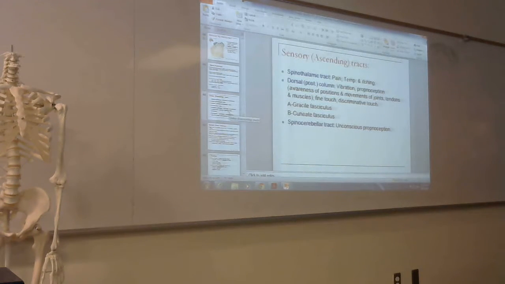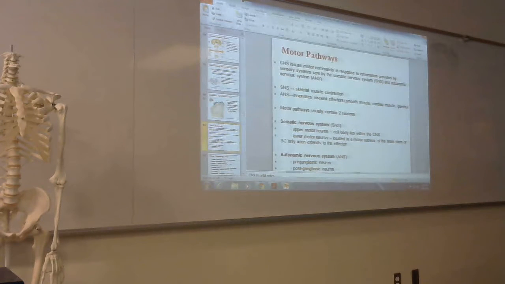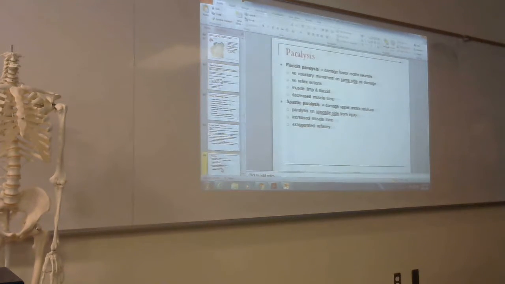Then if you have an injury in the ascending pathways, you will have anesthesia, sensory deficit, or paresthesias. But if you have an injury in the motor pathway, the descending pathway, then that involves paralysis. And you should remember flaccid versus spastic paralysis, okay? Flaccid is your limb, and then spastic is upper motor neuron damage.